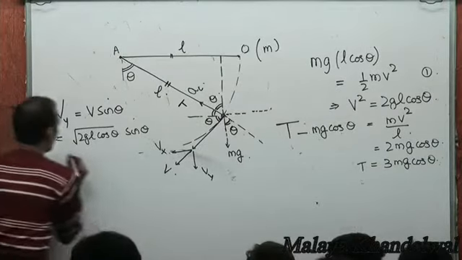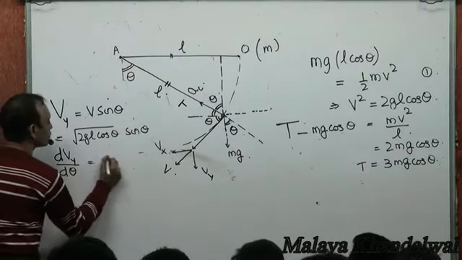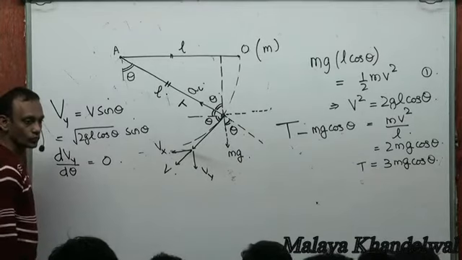How do you maximize Vy? dVy/d theta must be 0, right?